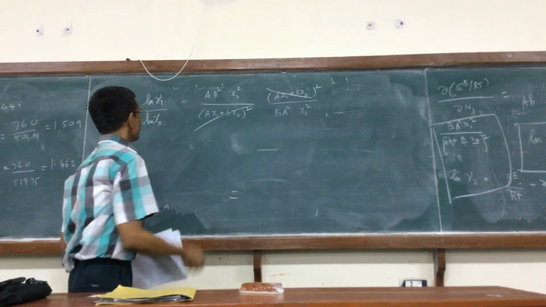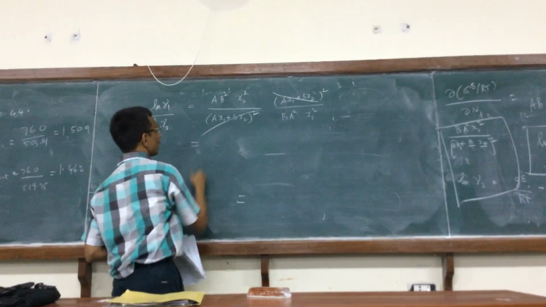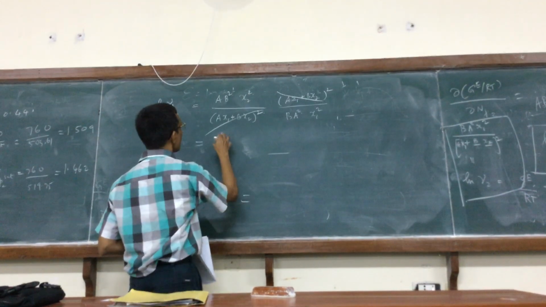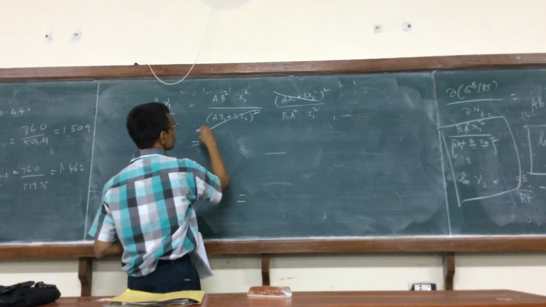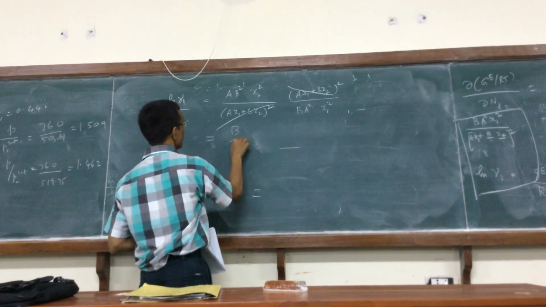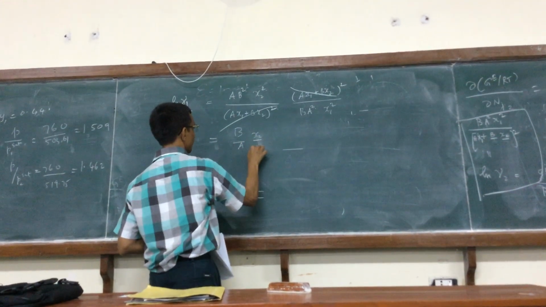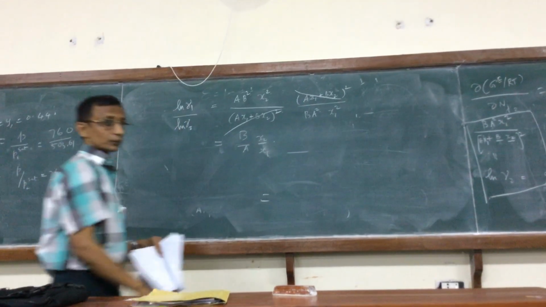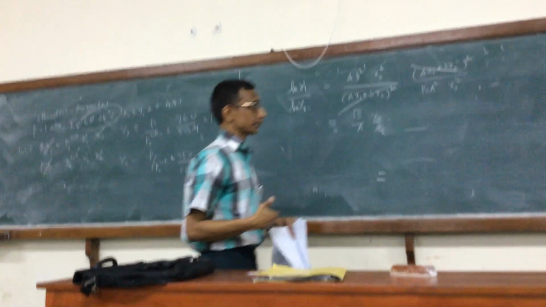What is interesting is that log gamma 1 by log gamma 2 turns out to be B over A times x2 by x1 squared. You can ask in what way this helps.